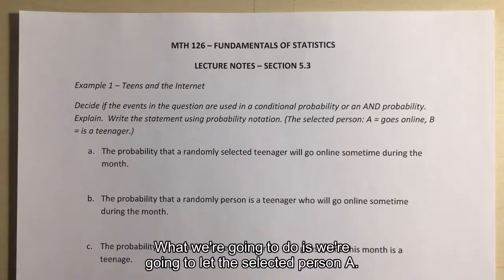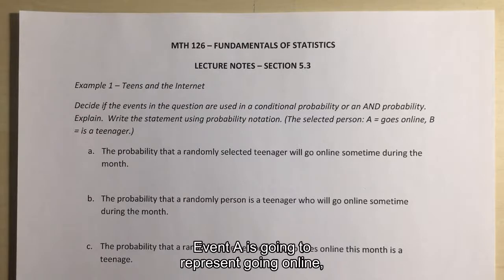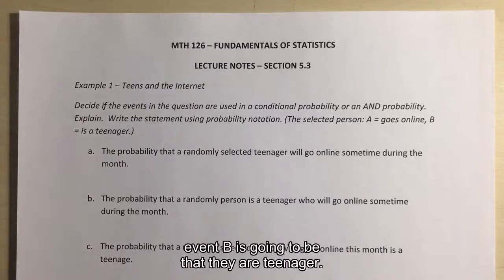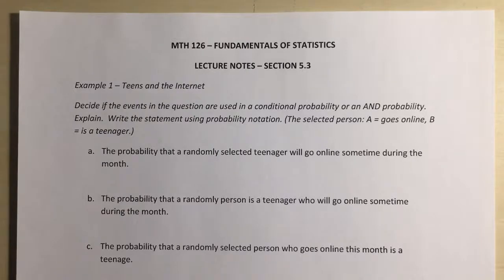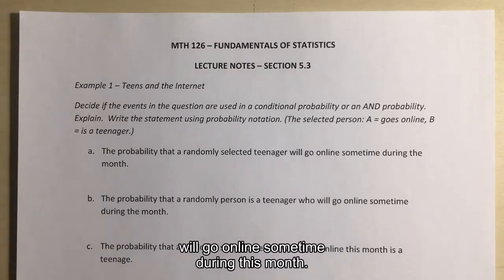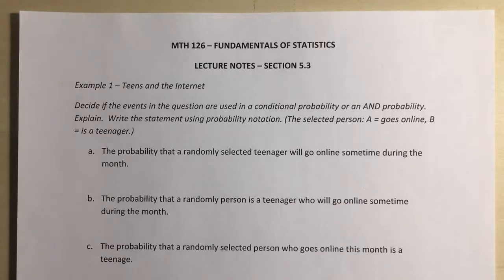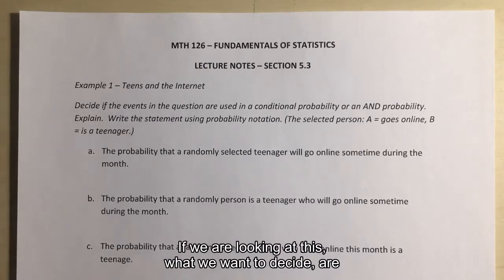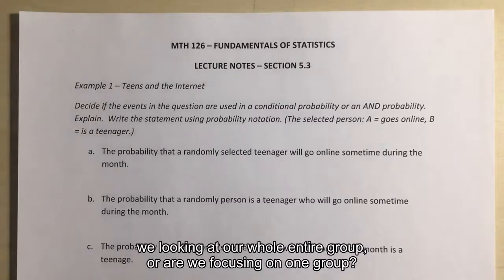We're going to let event A represent going online. Event B is going to be that they are a teenager. So part A: the probability that a randomly selected teenager will go online sometime during this month. What we want to decide is, are we looking at our whole entire group, or are we focusing on one group?